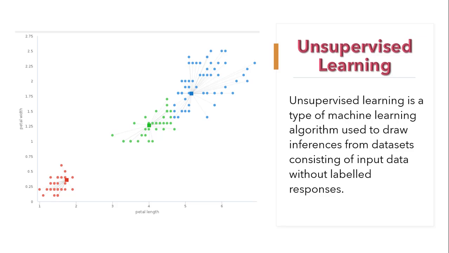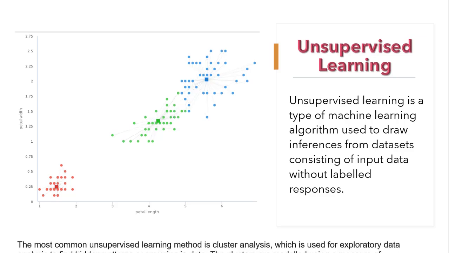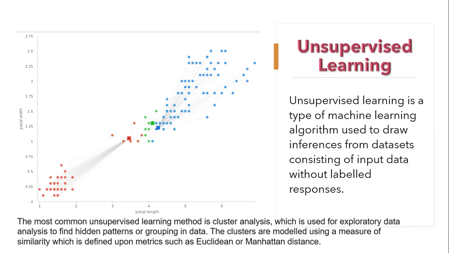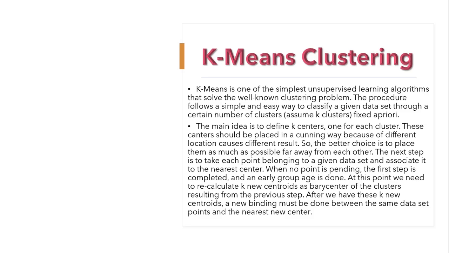Today we'll study the clustering mechanism, where we organize objects into groups such that data points in the same group are more similar to each other and dissimilar to the data points in other groups. There are a lot of algorithms used for clustering, but today we'll discuss k-means clustering, as this is the very basic one.